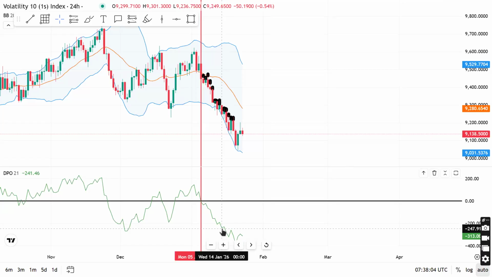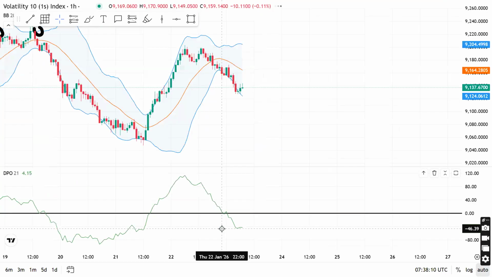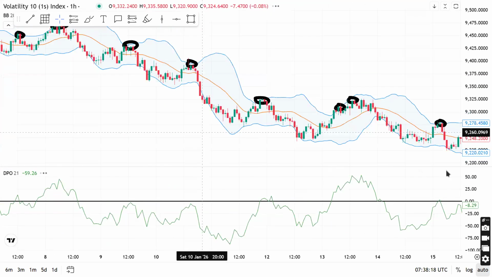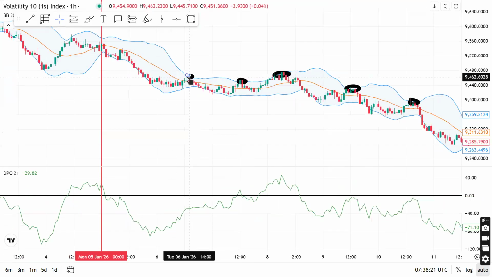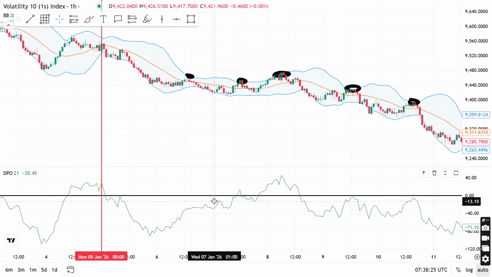Now, this is where it gets interesting. And there are two ways to enter. Number one, the perfect way to enter is whenever price gets to the top part of the Bollinger Band, that is this part, our DPO must still be below the zero.